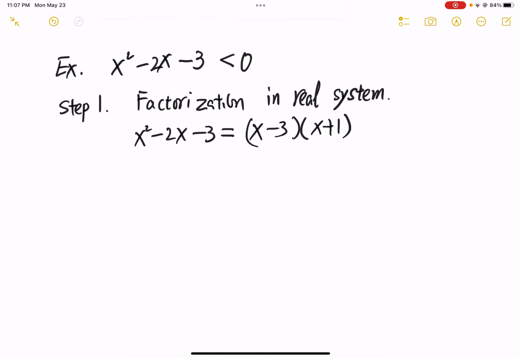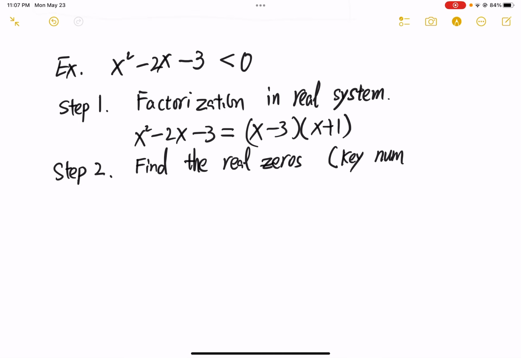Now step 2 is we need to find all real zeros. This is called the key numbers of the inequality.